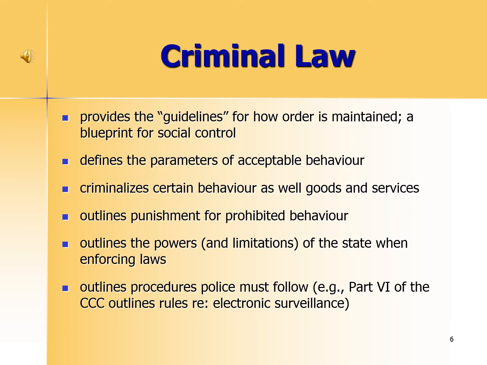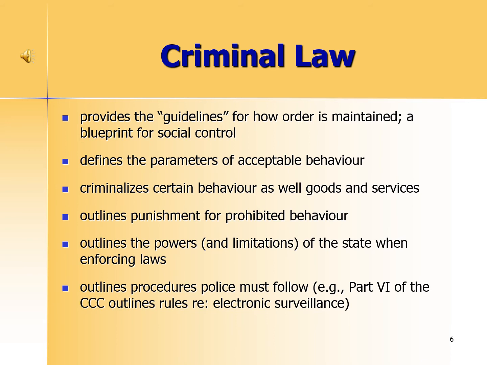Criminal laws also outline the punishment for prohibited behavior, and they also outline the powers and the limitations of the powers of the state when enforcing laws. In particular, if you look at Part 6 of the Criminal Code, this part outlines rules regarding electronic surveillance by police.